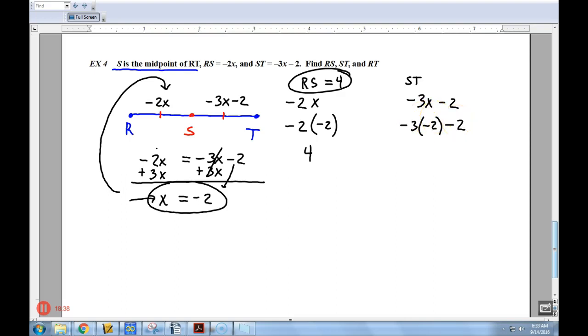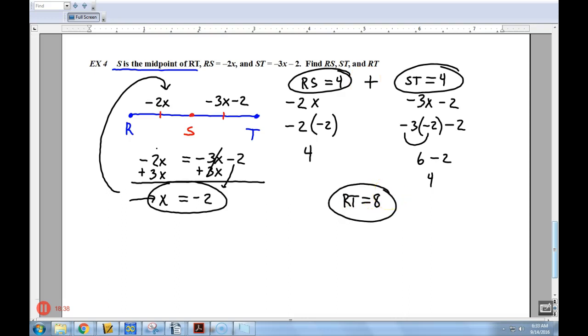So a negative 3 times a negative 2, that's 6. And 6 take away 2 is 4. So ST is 4. So that checks out. So RS is 4, ST is 4. And then I add those two together, and that will give me the distance from R to T, which should be 8.